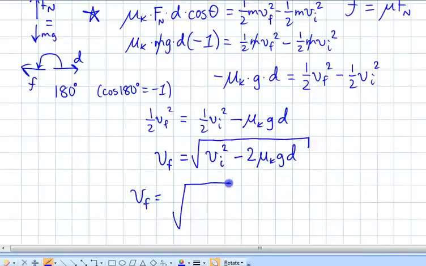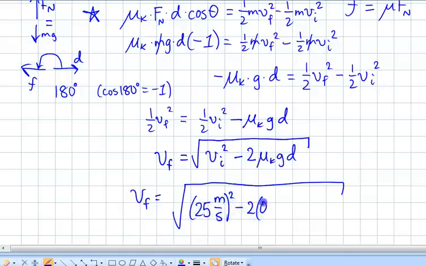Okay, so let's plop in some numbers. I think we said it started with a speed of 25 meters per second. We square that. I think we said that friction was 0.40. Gravity is 9.8 meters per second squared, and we do not put in a negative sign for that, like we've talked about in the past. And the distance that it travels is 50 meters.